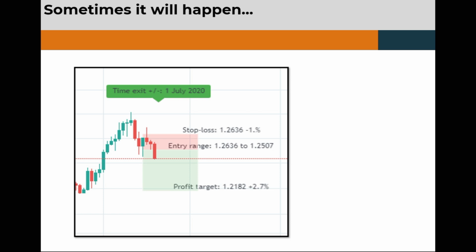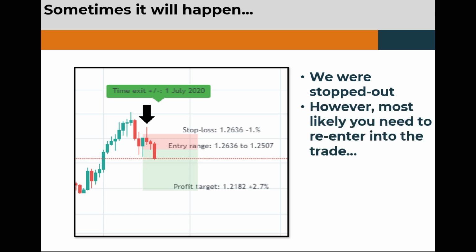So this slide is just a zoomed-in version of the trade idea that we've presented. So what happened recently? We were stopped out the very next day after we published this trade idea. But now, because it's a high conviction call and because you were stopped out, most likely you will need to re-enter into this specific trade.